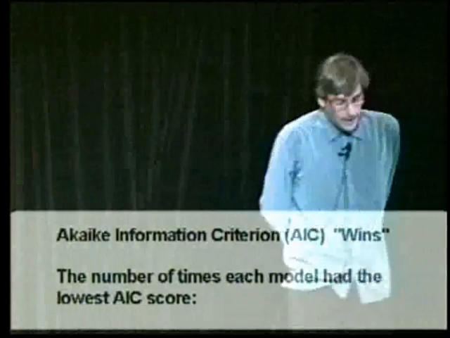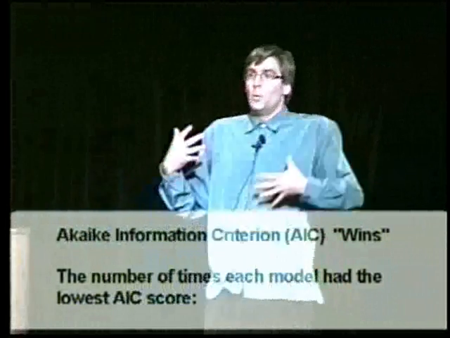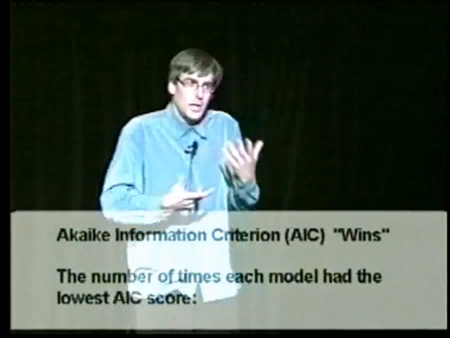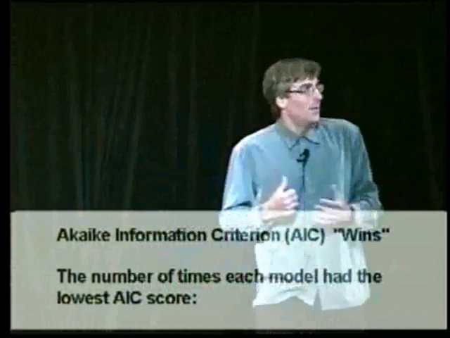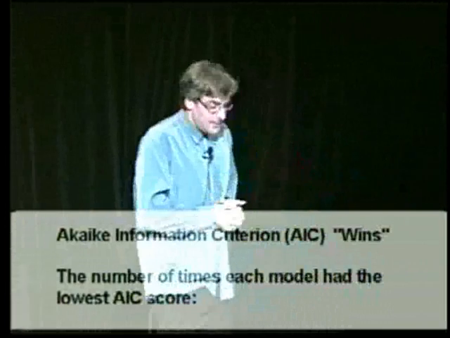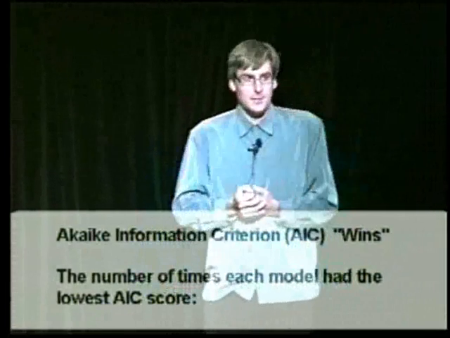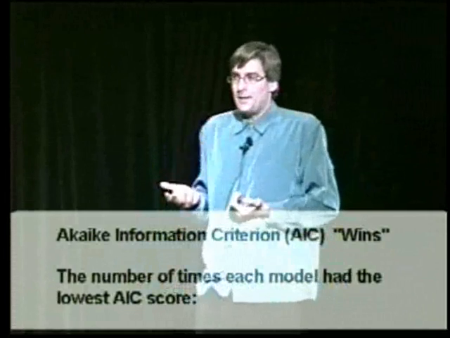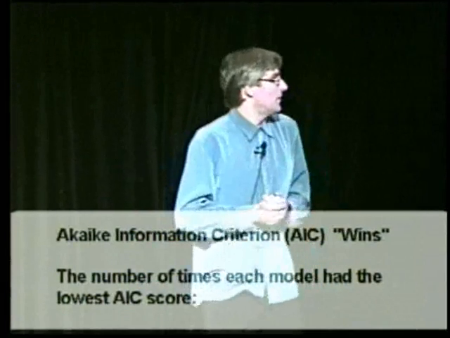And so the Akaike criterion, because it embodies the principle of parsimony, we have a way of trying to quantify this trade-off between the goodness of fit of a model and its complexity. What I did for the Akaike analysis was to compute the AIC scores for each of the models, for each of the fits, and then score a win for a particular data set when a model had the lowest AIC score.